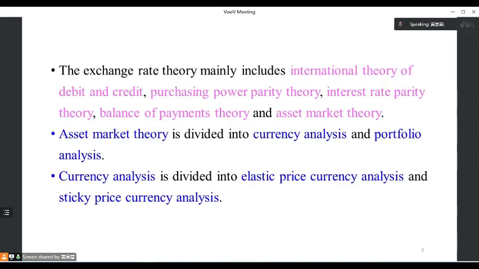It tells us asset market theory can be divided into currency analysis and portfolio analysis. And currency analysis can be divided into elastic price currency analysis and sticky price currency analysis. Let's go on.